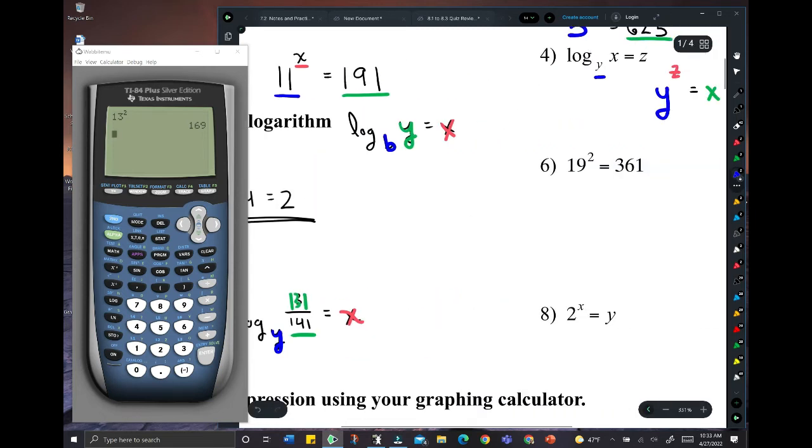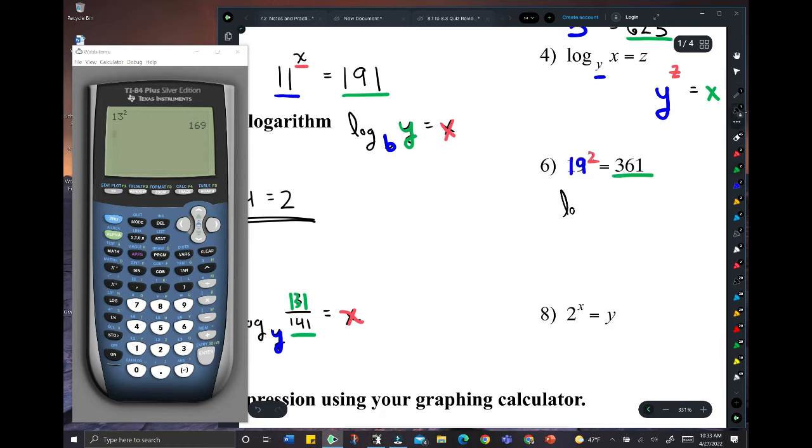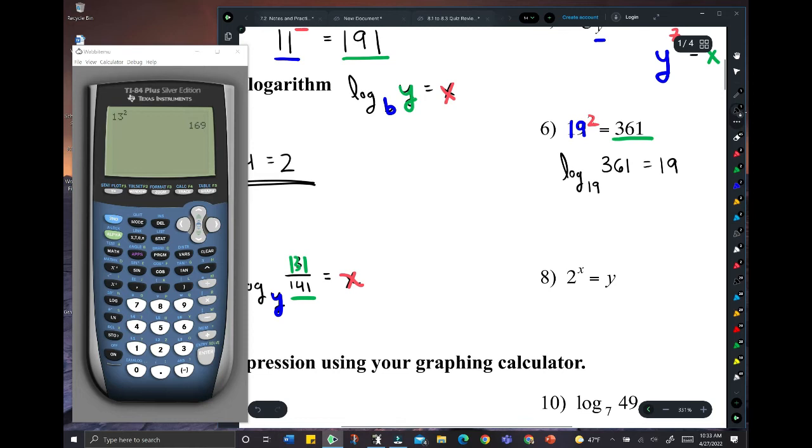So a little bit different. Again, I encourage you, highlight if you need to. 19 is our base. 2 is our exponent. 361. So if we had to rewrite that, it's going to be log base 19 of 361 equals 2.